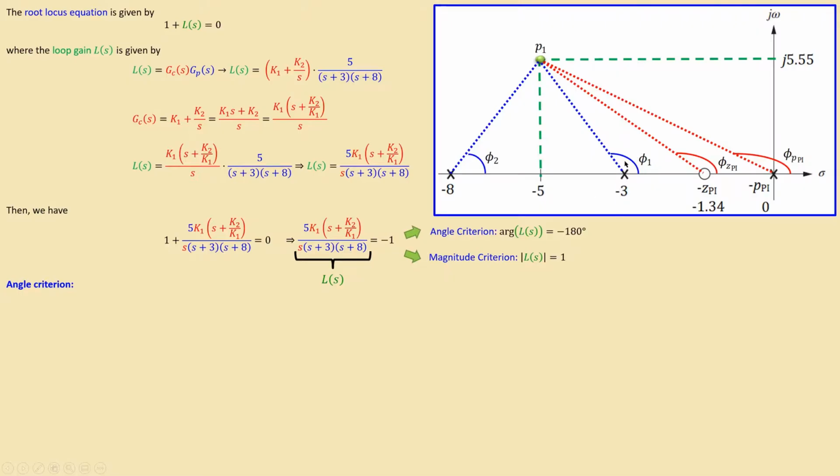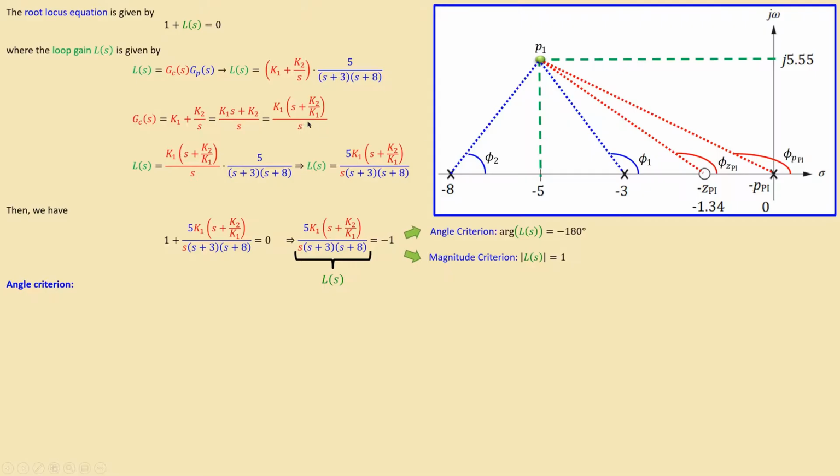This is phi1, and phi2 is associated with the pole at -8. Now there will be a 0, which, if I look at the controller, is at k2 over k1, and this value will be calculated shortly. So this 0 is the zero of the PI controller.